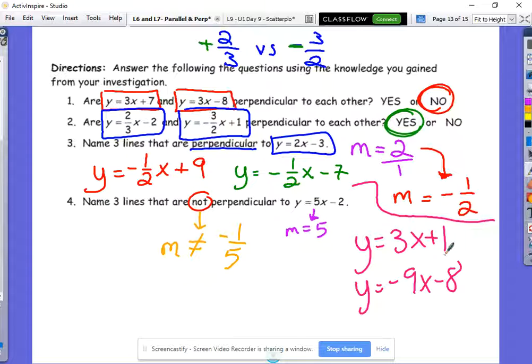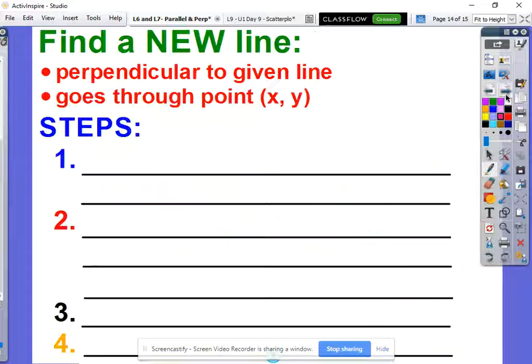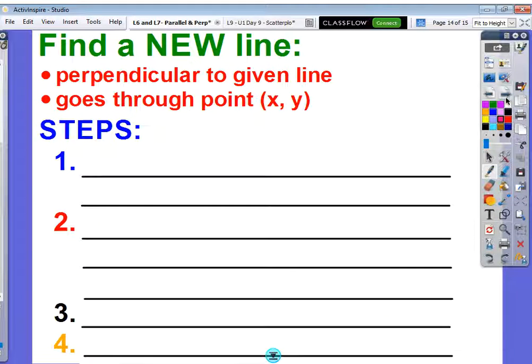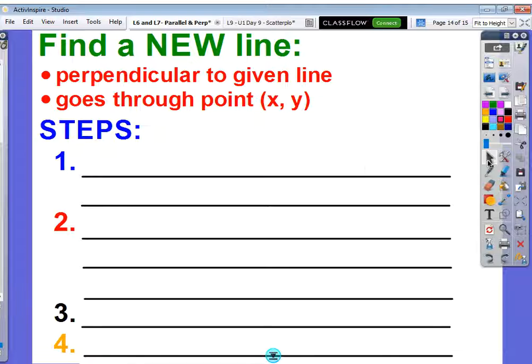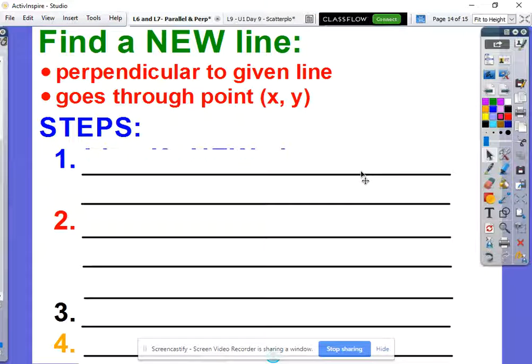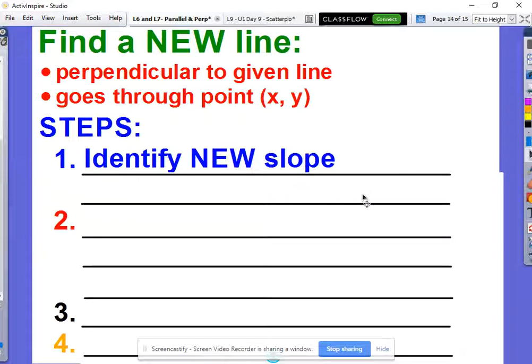So to finish this out, we're going to have very similar steps to what we had last class as well. These are almost carbon copies of each other. Very similar. So take your half sheet, and on that half sheet, let's start to create our steps. The first one is very similar but slightly different. We need to identify our new slope.